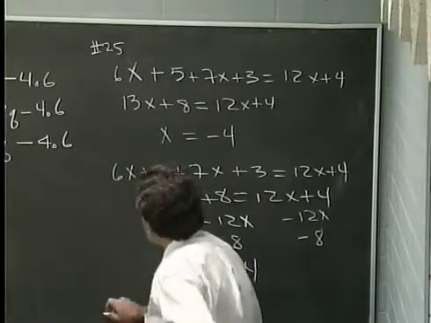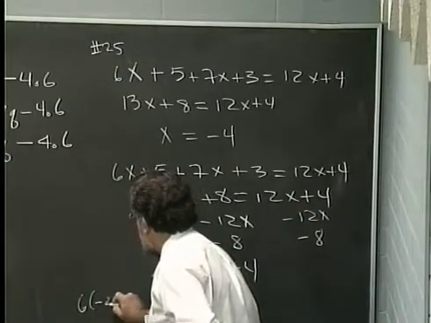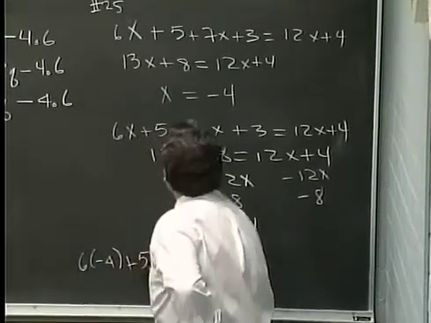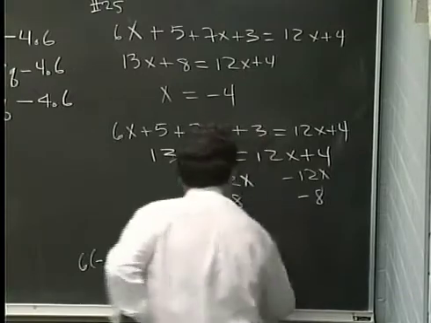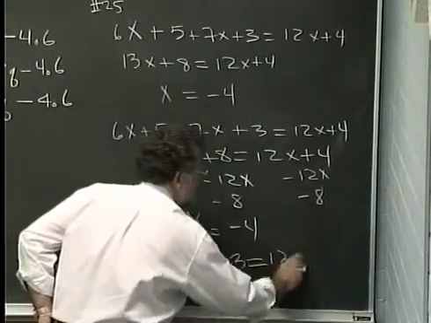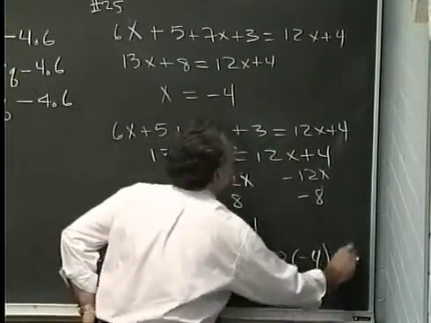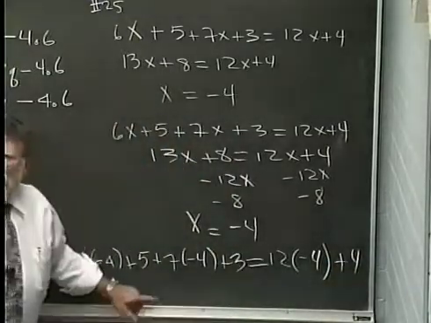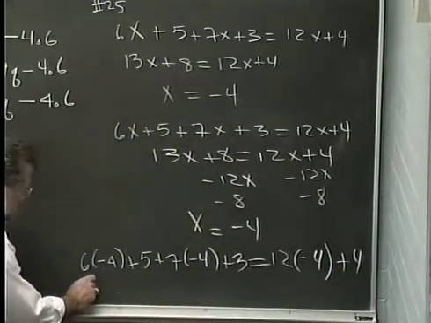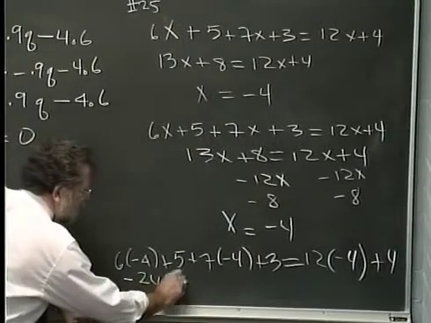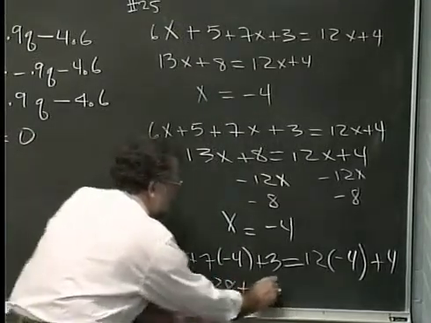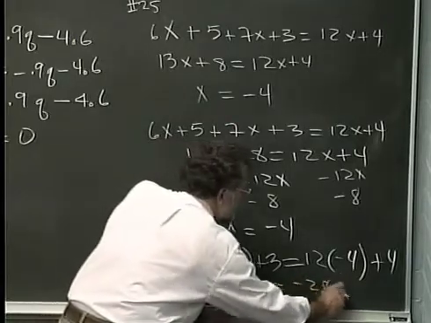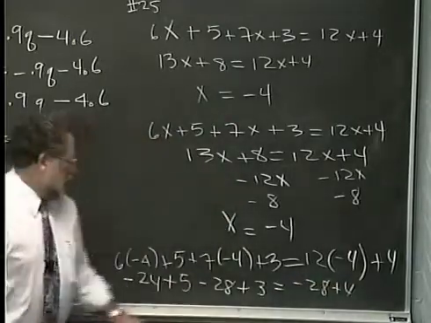I would have 6 times minus 4, plus 5, plus 7 times minus 4, plus 3. I want to know, is that equal to 12 times minus 4 plus 4? That is a mess. So this is negative 24 plus 5 minus 28 plus 3, negative 28 plus 4.